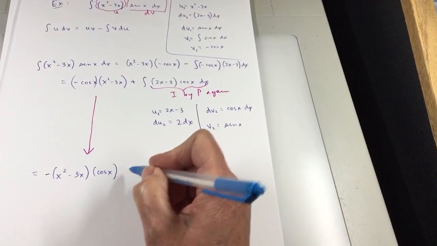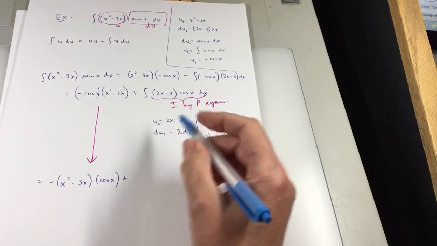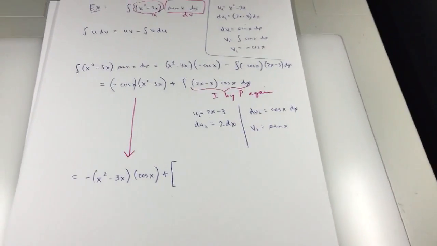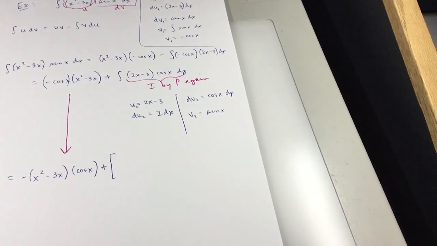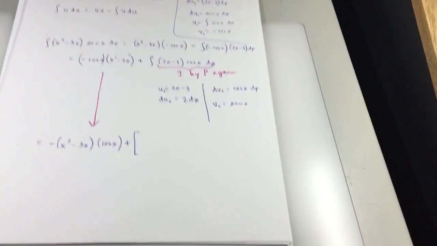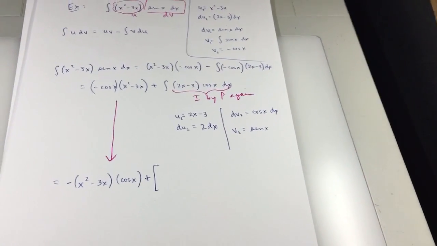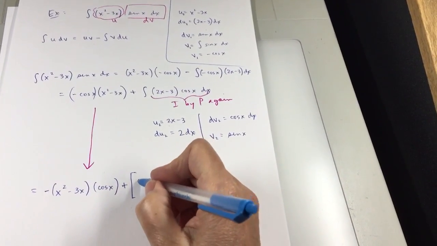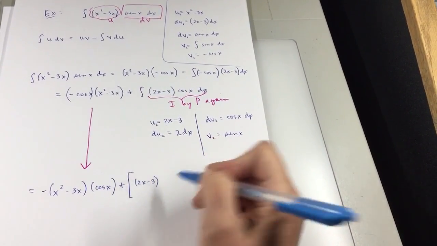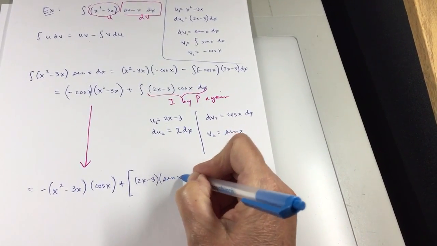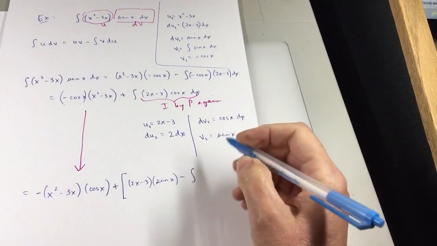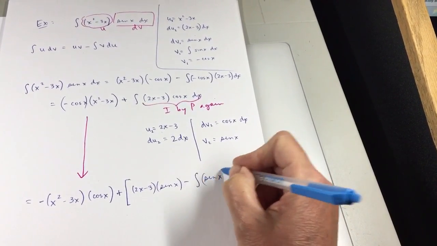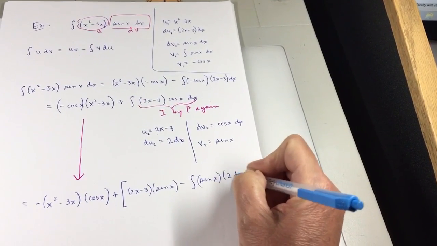And then plus, now I'm getting ready for integration by parts again. I'm going to use brackets to kind of separate that next step. I want to make sure I don't forget to distribute a negative sign or something like that. So now I'm doing u number 2 times v number 2, u times v, minus the integral of v, so this is v number 2, sine x, du number 2, 2 dx.